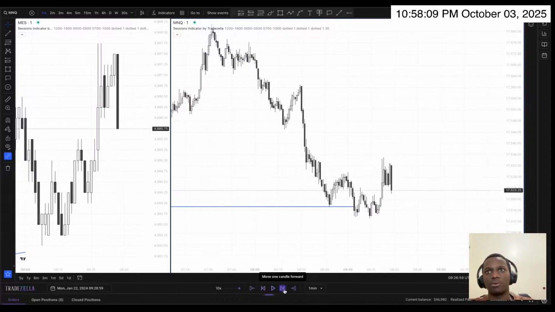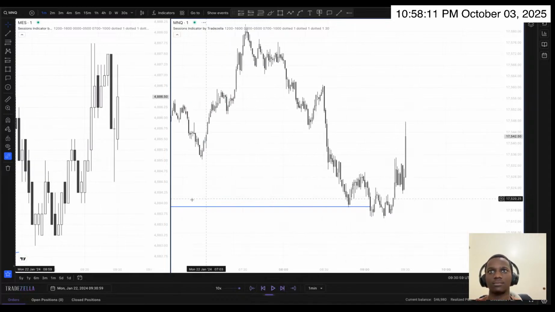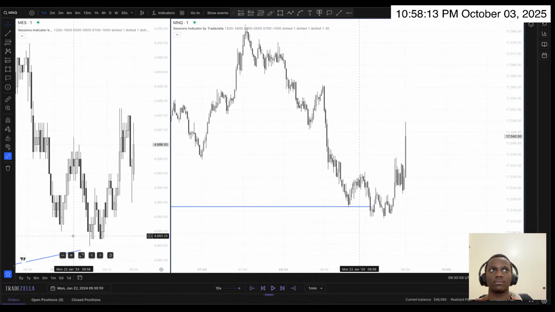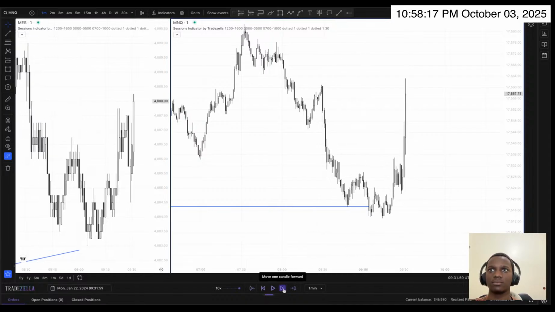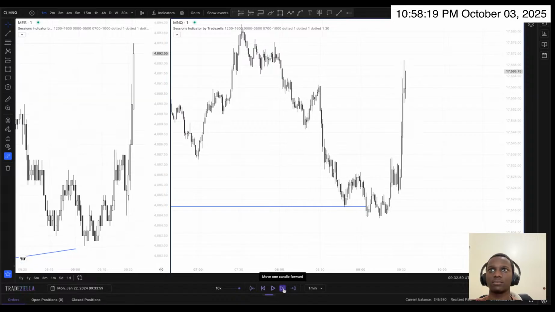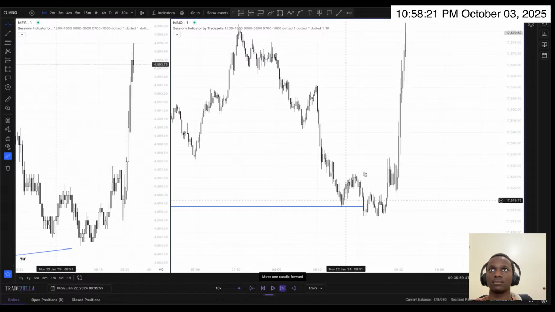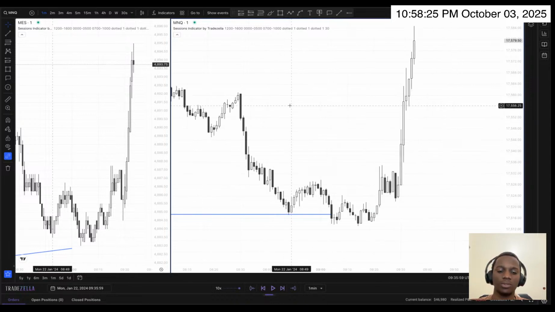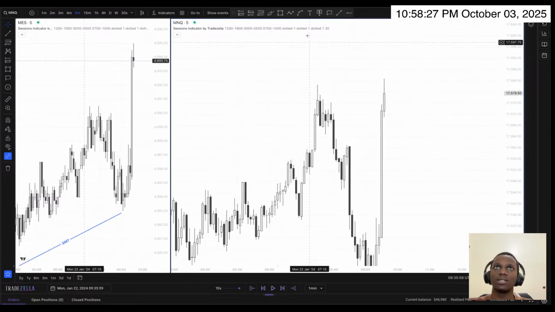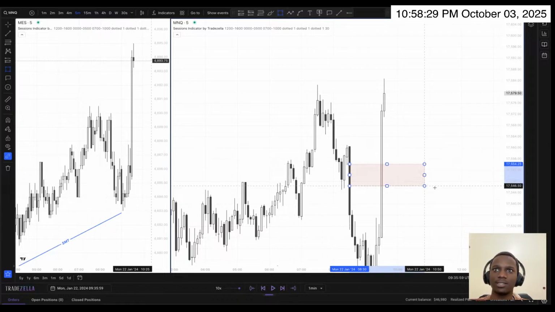Few minutes to the open. Extremely bullish, no manipulation. Like directly create this huge inversion.